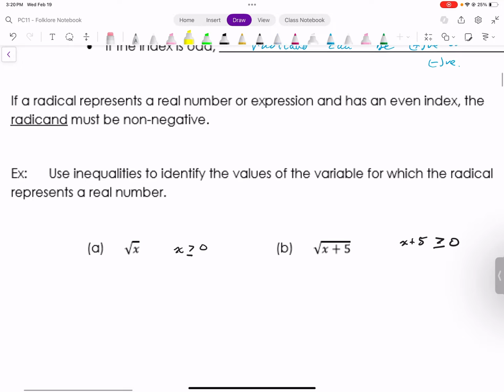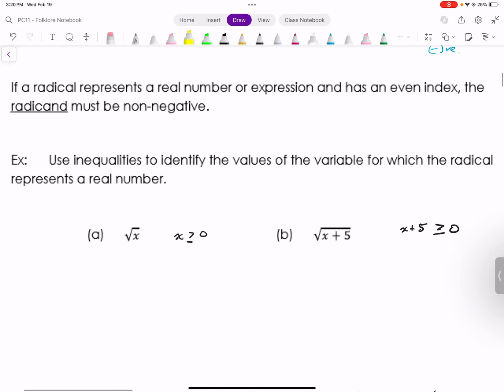So we're going to use inequalities to identify the values of the variable for which the radical represents a real number. Here, all we need to ensure is that the radicand, x, is greater than or equal to 0.